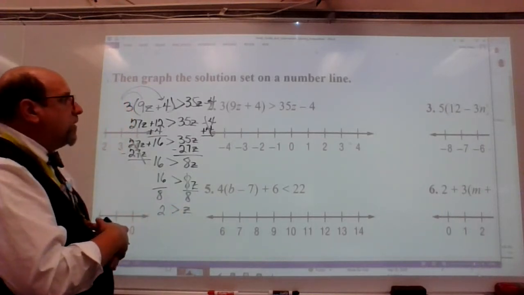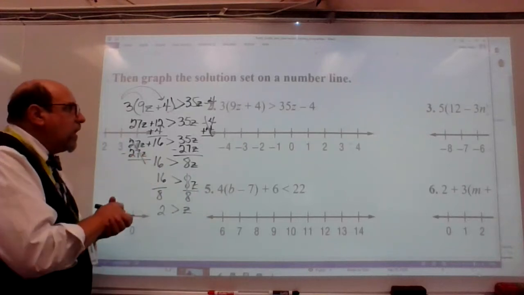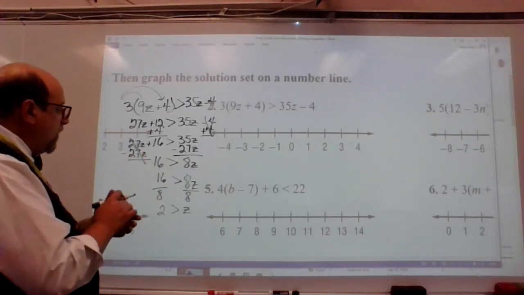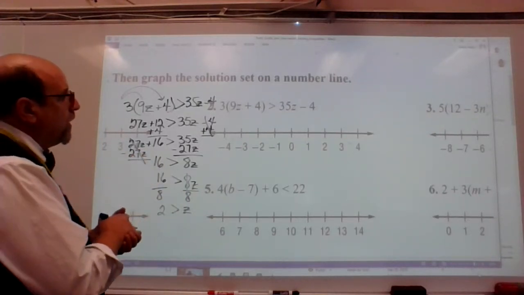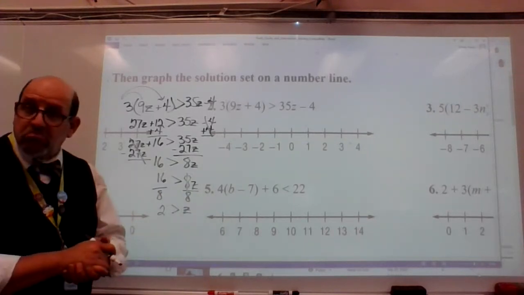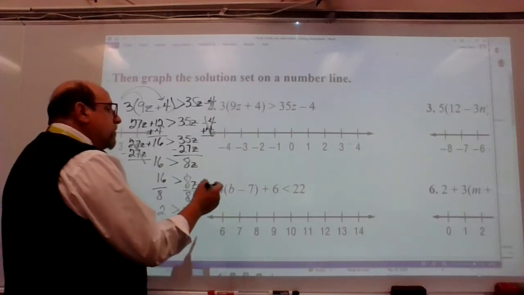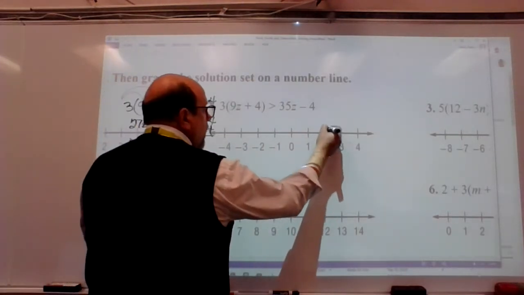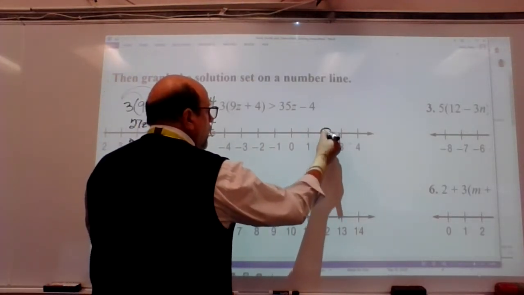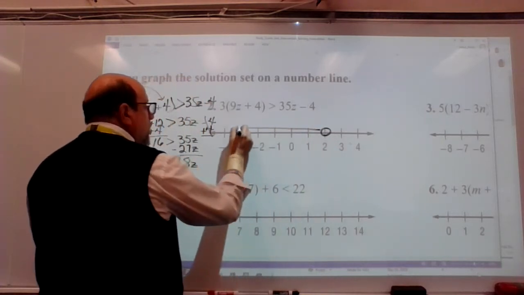So let's see if that anything less than 2 is a solution. Okay? And that's what we want to find out. This says that anything less than 2 is a solution.